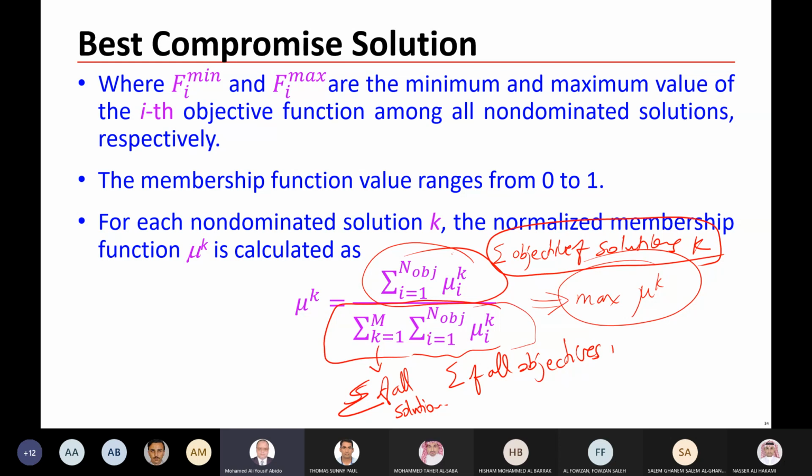And if you add all mu's for all solutions, this will be constant. And you have here a summation of mu1 and mu2 for solution 1 over a constant, solution 2 over a constant, solution 3 over a constant. So the maximum value gives you the best compromise solution.